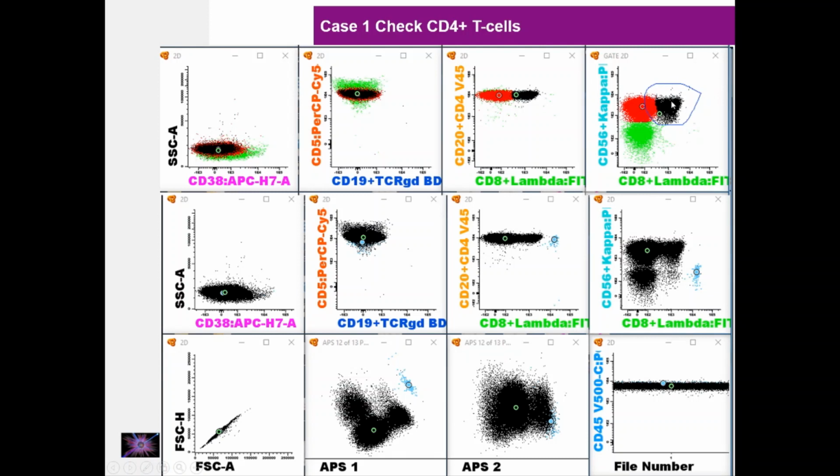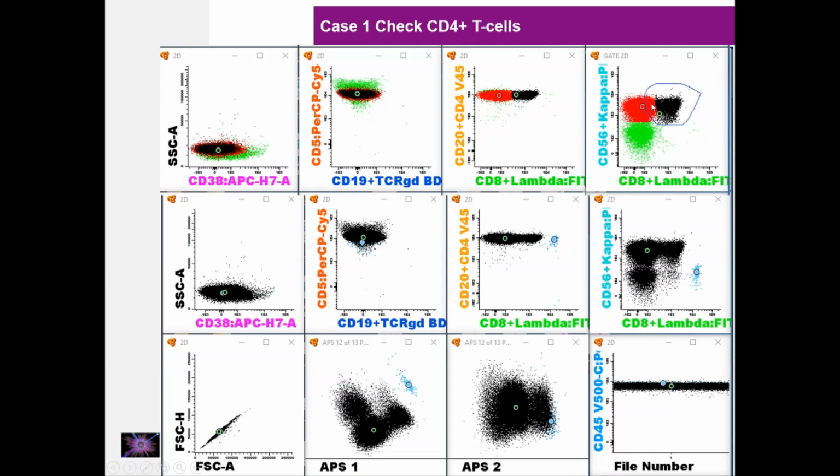Here, because we have two distinct populations, one of them corresponds to the CD4 positive, CD8 negative T cells, and the other one corresponds to the CD4 positive, CD8 positive DIM.